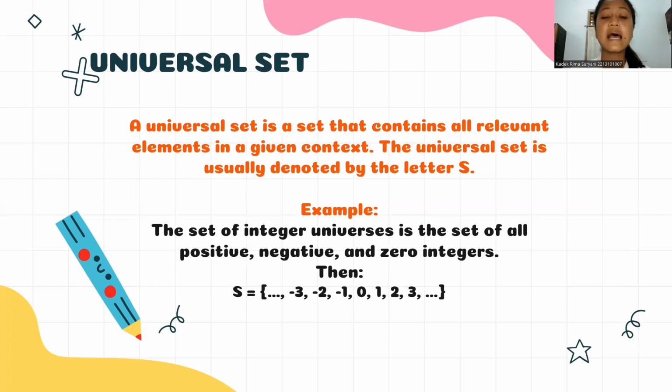Then the notation is S equals curly braces ..., -3, -2, -1, 0, 1, 2, 3, and so on, the positive integers.